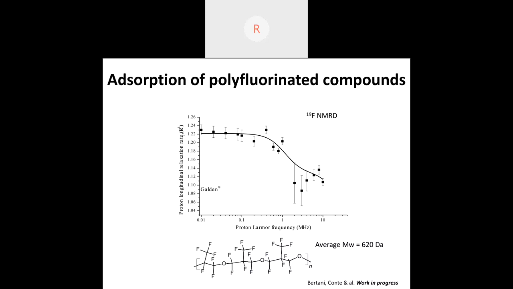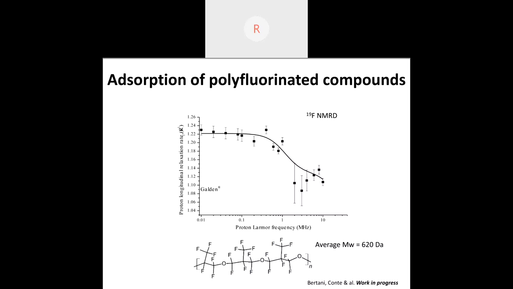To this aim, we have done some experiments with 19F NMR that you can see in this slide. This is the model pollutant that we have used, and all of us dealing with FFC NMR know what this material is. This is the Galden that Gianni is providing to all of us as a cooling agent for the relaxometers.